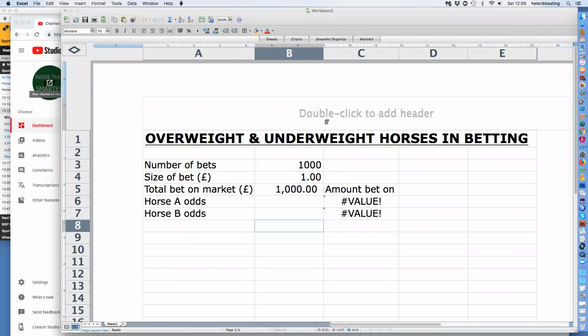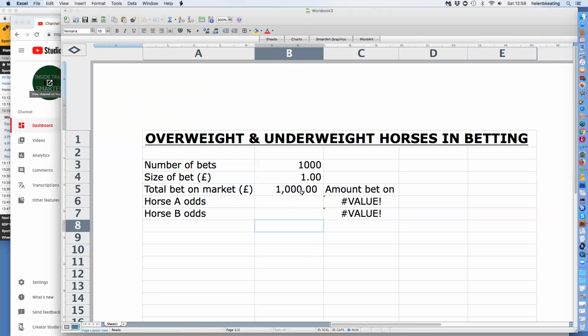Now, let's start with the most simple betting situation you can have, which is tossing a coin. We know that over time, if it's a fair coin, there will be an equal number of heads and an equal number of tails, so long as we toss the coin enough times. Say we had 1,000 bets, all of £1, a total market of £1,000.